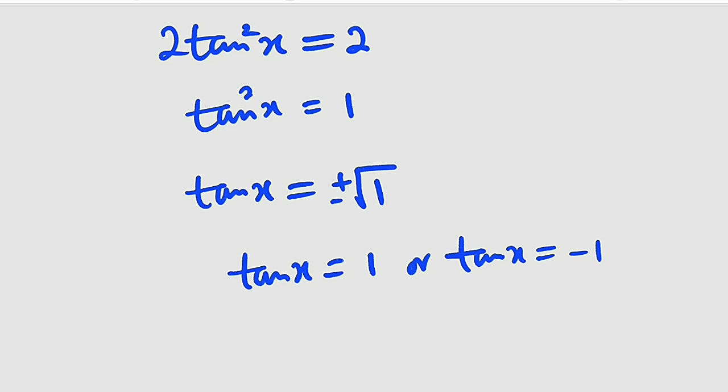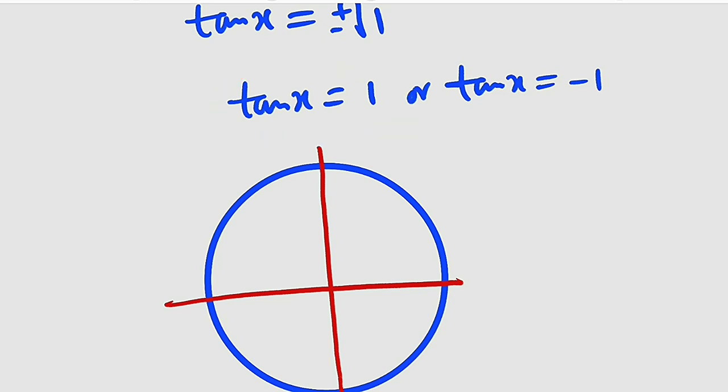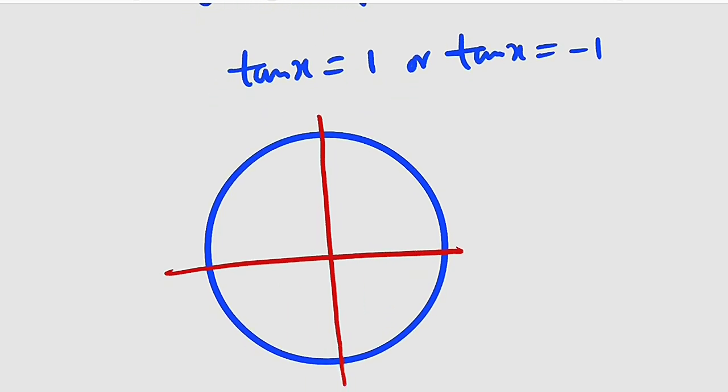So where can we find these solutions? Let me draw a unit circle real quick. You should know that tangent x is only positive in the first and the third quadrants. In the first quadrant, we have 45 degrees, because tangent of 45 degrees is equal to 1. We draw a straight line here. We have angle 45 degrees here. And what do you think this angle will be?